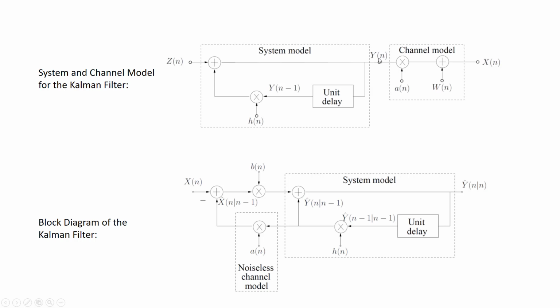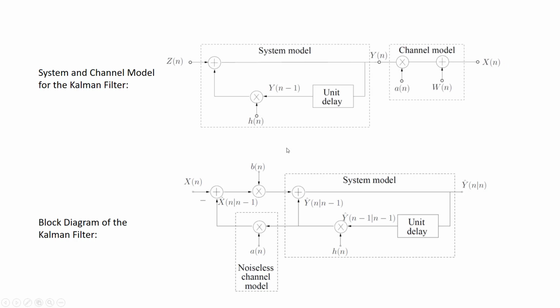As we can see in this diagram, each sample of x is generated by multiplying the same sample of y at the same time n by a constant a of n, and then by the addition of a noise process w of n to it. So each of the samples of x is a weighted and noisy version of the samples of y.